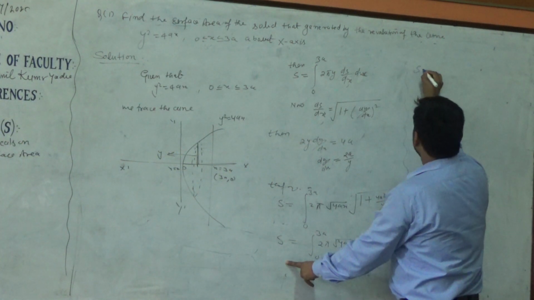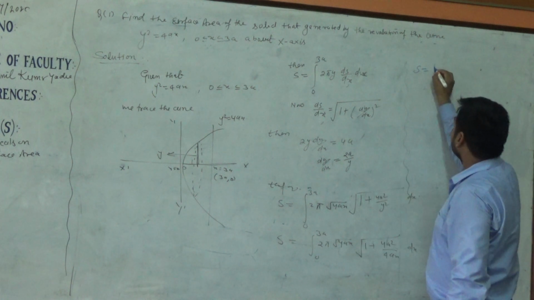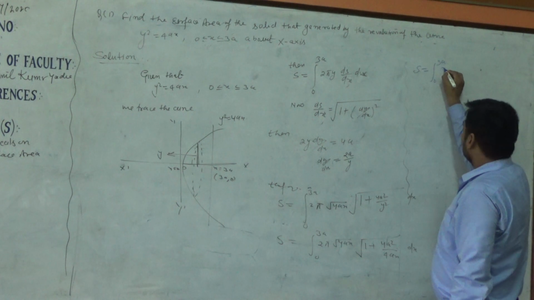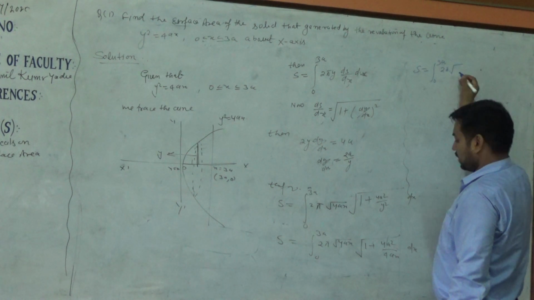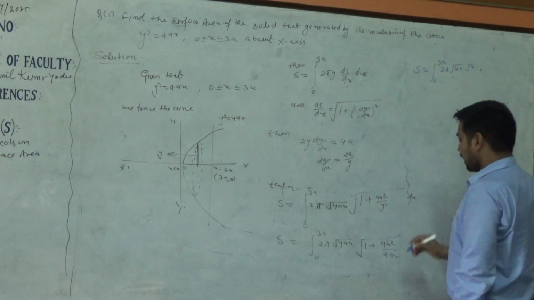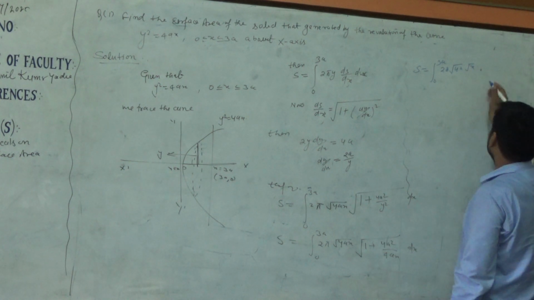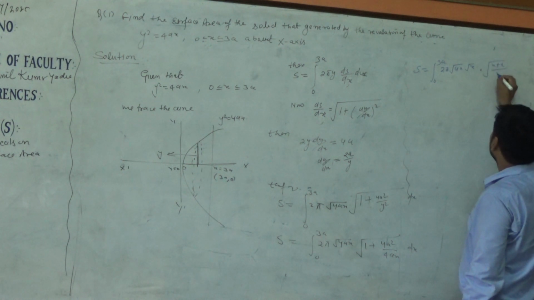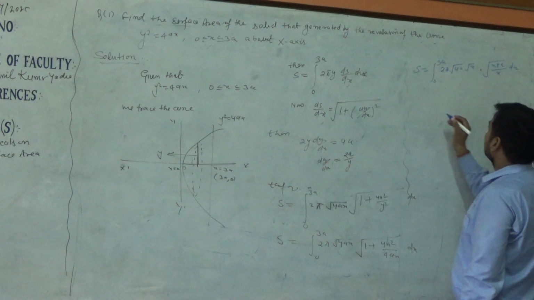Then the surface area S is equal to the integral from 0 to 3a of 2 pi under root 4ax times under root (x plus a) upon x dx.